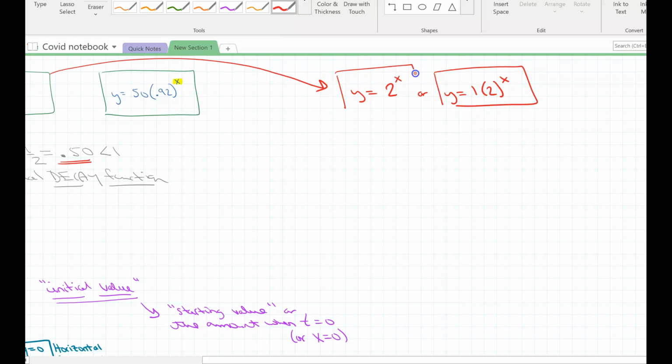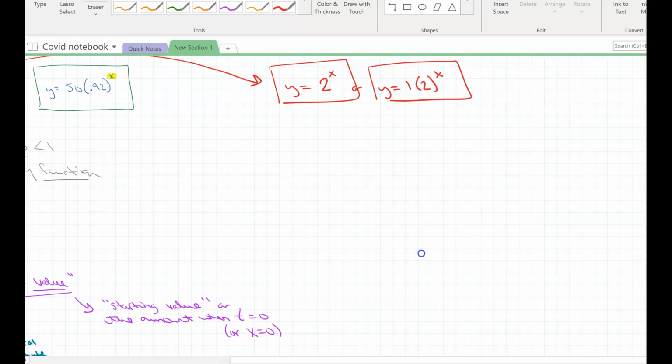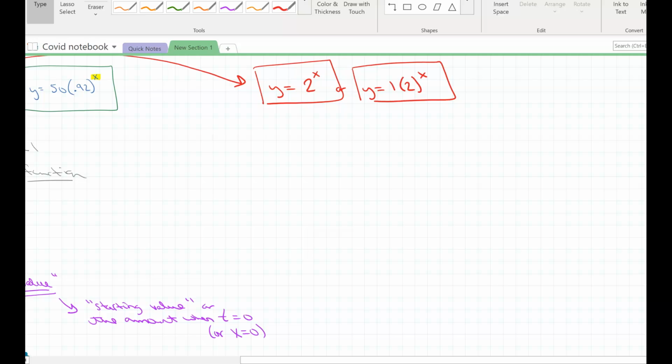All that's fine. I want you to go ahead and make a t-table, picking reasonable values for x, and find the y values, and then replay me.